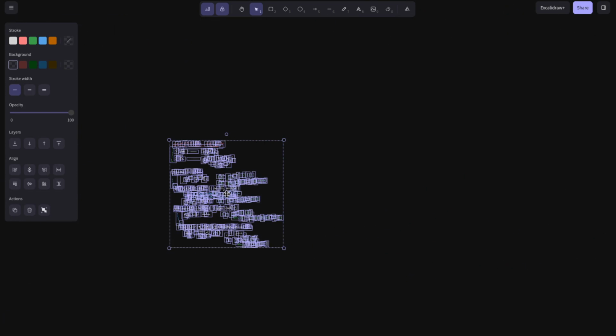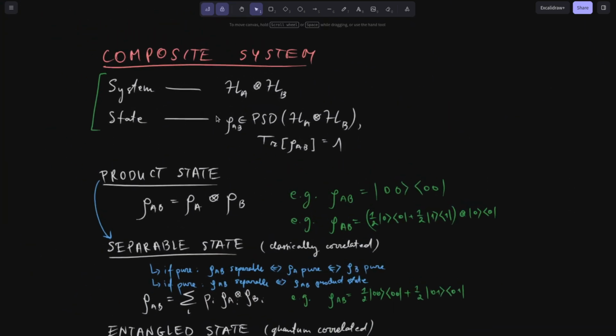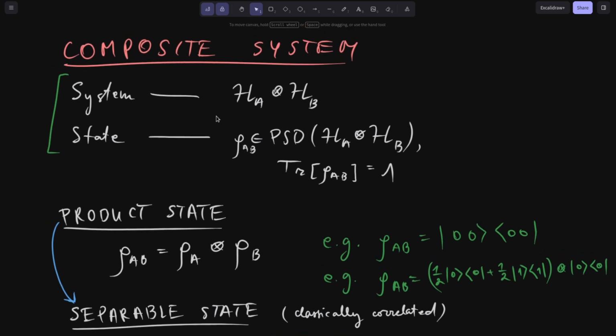Yes, if we have a composite system, then we combine with tensor product two Hilbert spaces or more Hilbert spaces. So we tensor Hilbert spaces, and our state is also gonna be based on tensored Hilbert spaces.